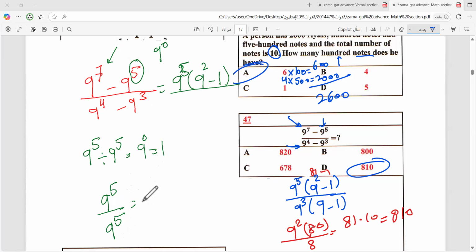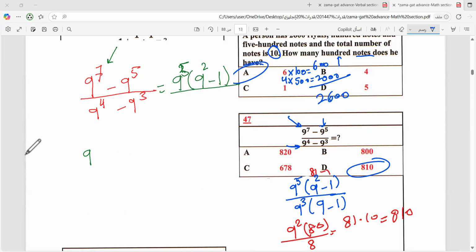And 9 to the power 0 equals what? 1, because it is the same number divided by itself. But where did you get the 5 from? What does it mean, common factor? That's division. Now, look here. Okay, I understood.